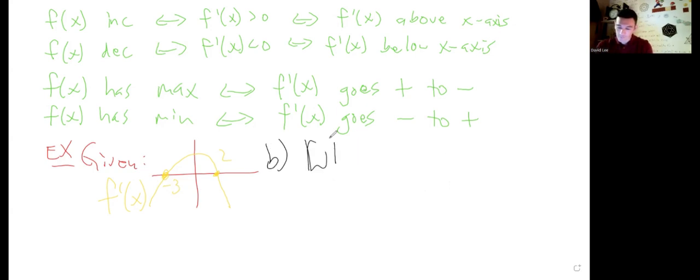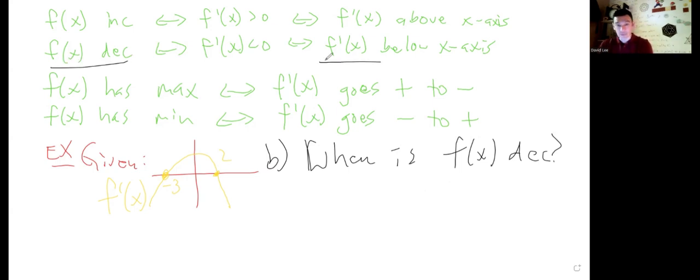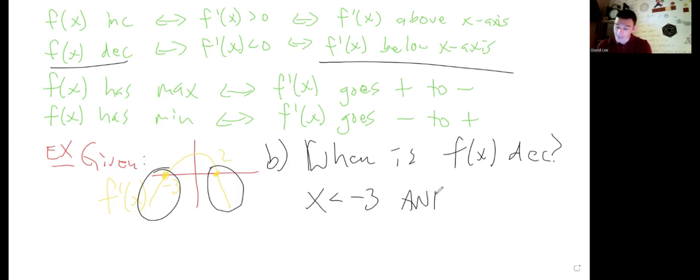When is f of x decreasing? F decreases when its derivative is below the x-axis. That means this tail and that tail. So that would be when x is before -3 and also beyond 2, when x is greater than 2. So this has two separate cases. When this happens and then when that happens.